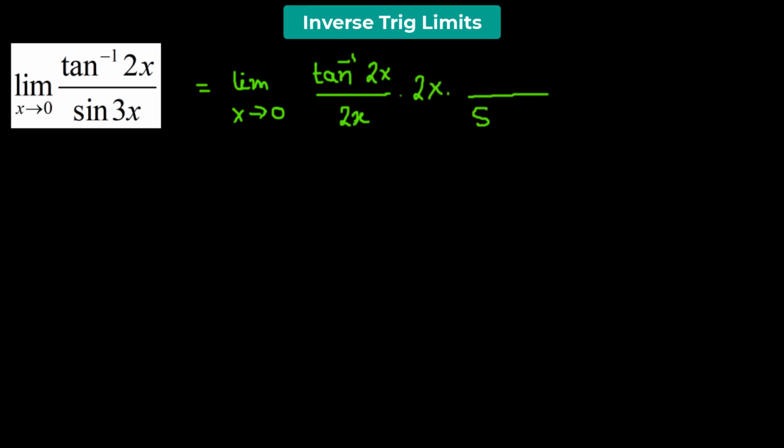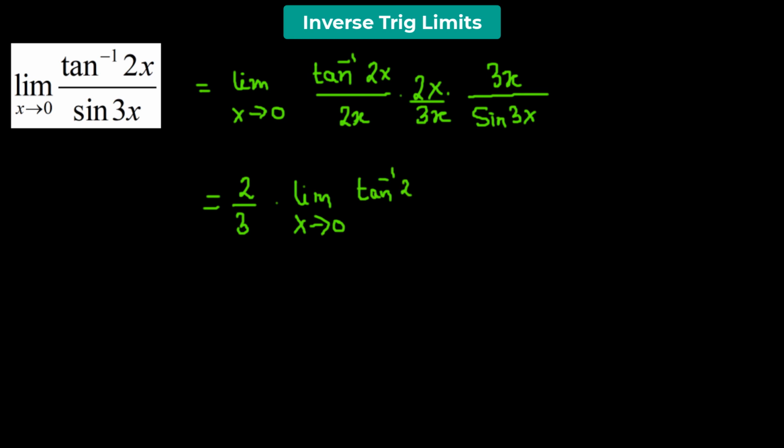Then we have sine 3x in the denominator. Now what we're going to do is multiply by 3x and also divide by 3x. So 2x over 3x will become 2 over 3. Now we apply the limit. So we'll take the limit as x approaches 0 of tangent inverse of 2x divided by 2x. So this is going to be the first limit.